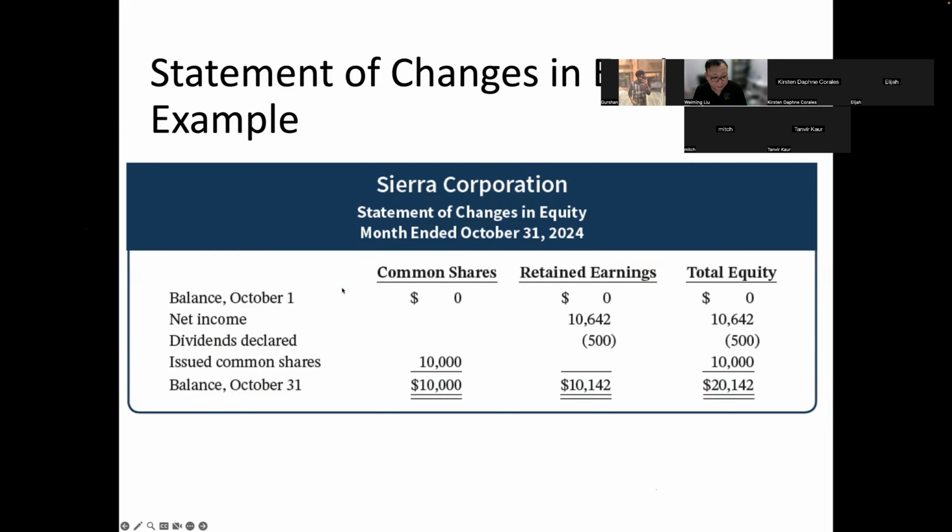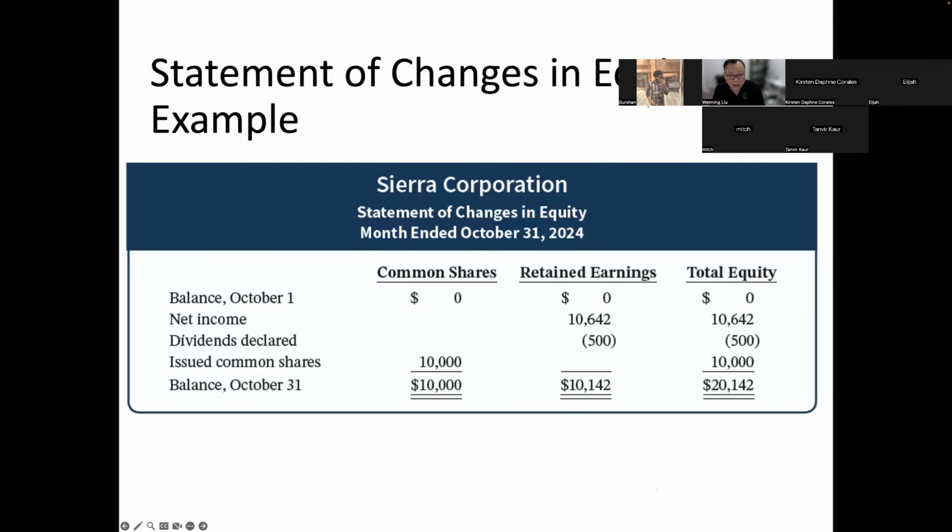And then during October, the company issues $10,000 of common shares. For that month, October 1st to October 31st, the income is 10,642.